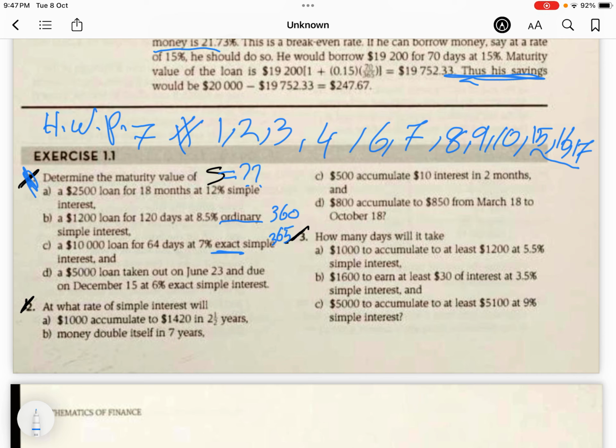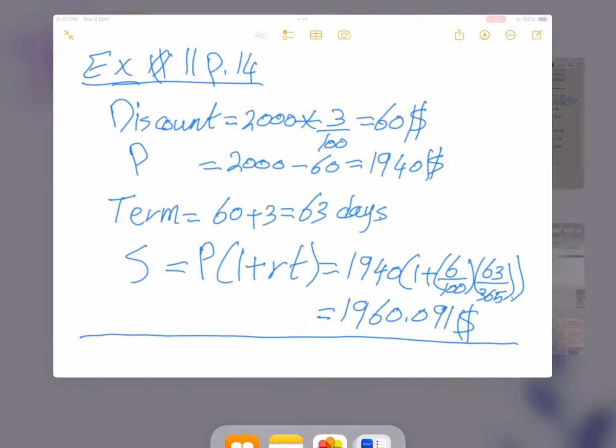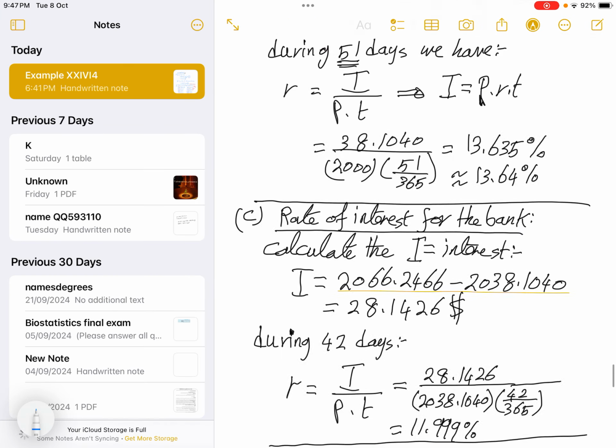D, a 5,000 loan taken out on June 23 and due on December 15 at 6% exact simple interest. Exact means 365 days. Now we will move to here.